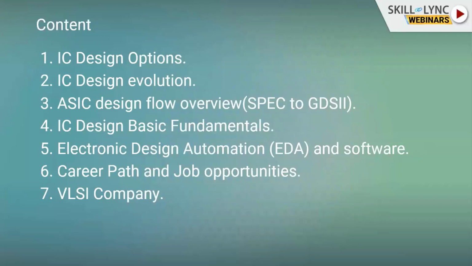The fourth topic is IC design basic fundamentals, what fundamentals an IC design engineer needs to know. The fifth is electronic design automation and software, the EDA vendors and EDA tools, what tools we use and who the EDA tool providers are. The sixth and seventh are career path and job opportunities, then VLSI companies.